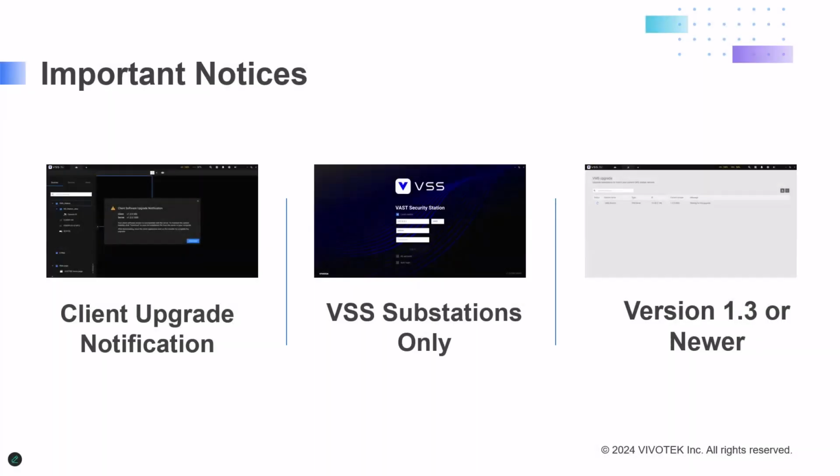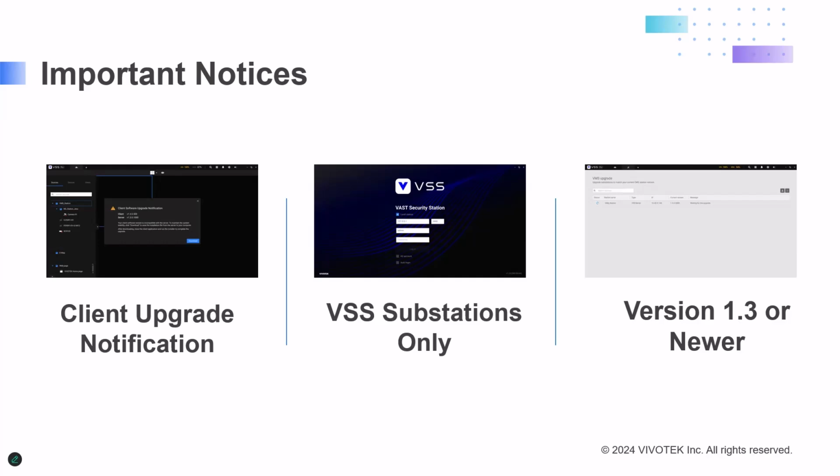Now, some important notices. We get that client upgrade notification. So in order to maintain system-wide version consistency, whenever the client logs into the server with a newer version, the user can download the server's installer and manually run the upgrade through the new pop-up window.